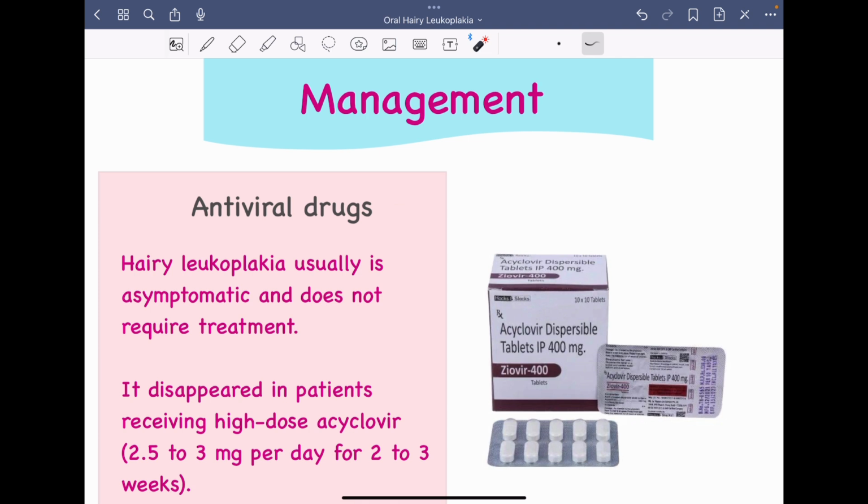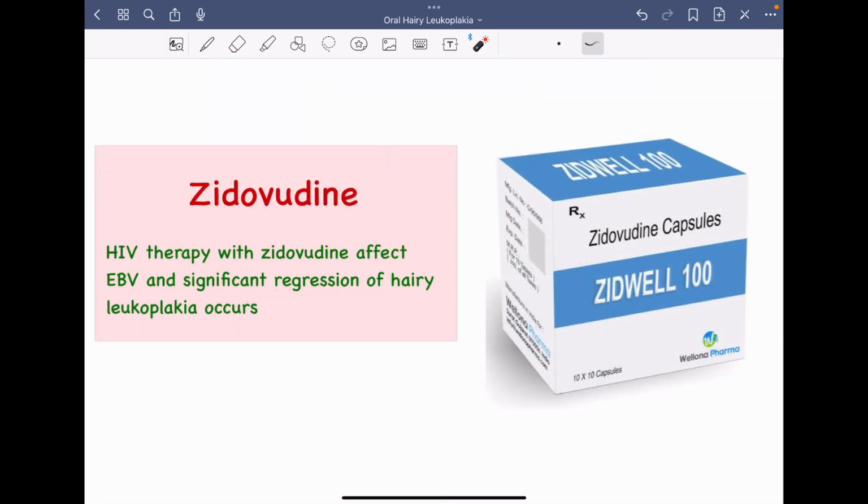Okay, so in a few studies it has been observed that OHL disappeared in patients who were receiving high dose acyclovir, right? That is 2.5 to 3 mg per day for at least 2 to 3 weeks, right? So orally we give acyclovir for 2 to 3 weeks and the lesions disappear, right? So our first line of treatment was acyclovir.